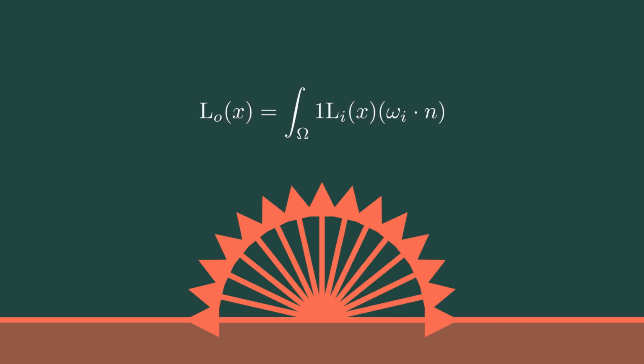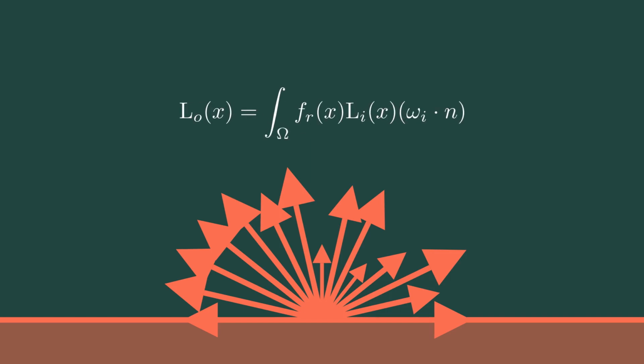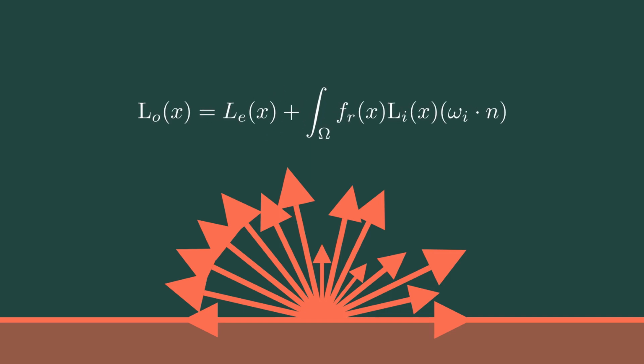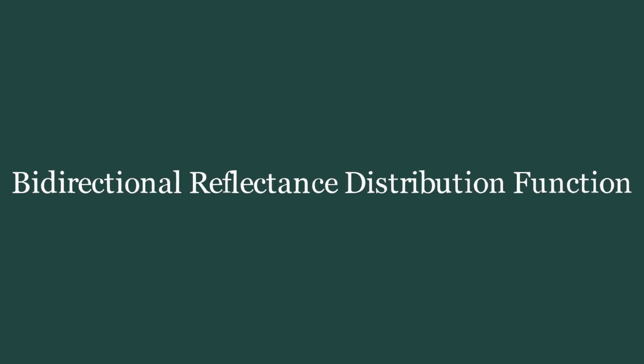But this model assumes that all light rays get absorbed and scattered with the same amount, which is not what happens in real life. To model this, we will use an abstract approach and replace the one with a function. This function is called the bidirectional reflectance distribution function, in short, the BRDF.